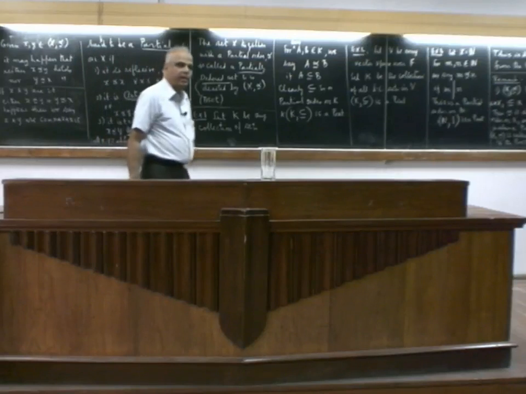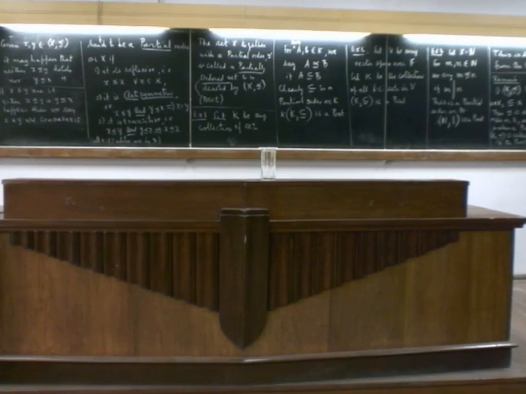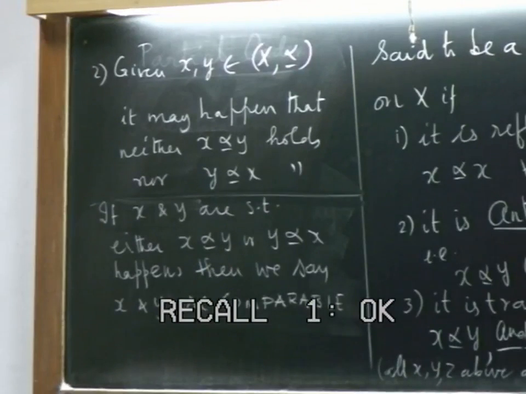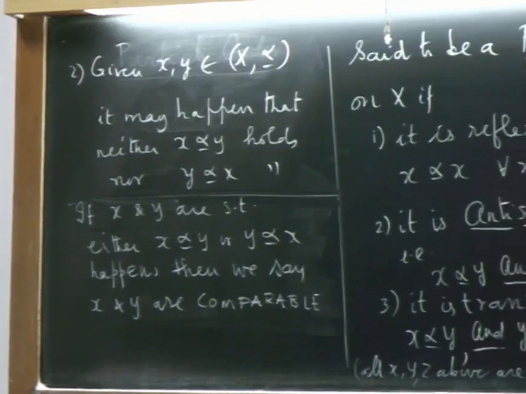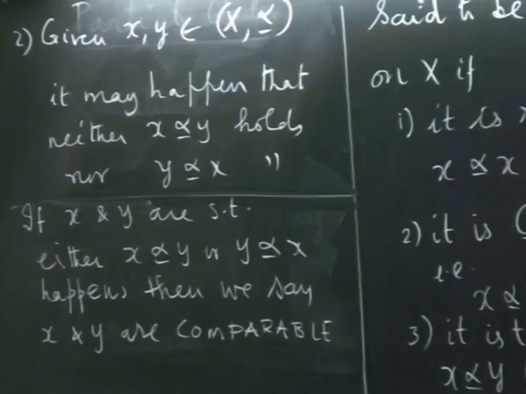So, given two elements in a poset, they may be comparable, they may not be comparable.